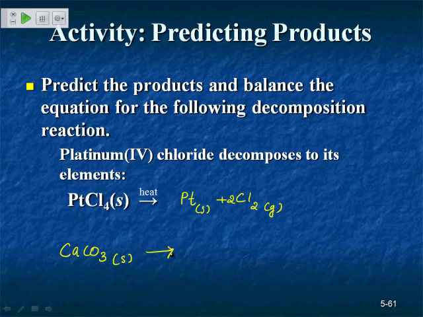When you heated that, you actually decomposed calcium carbonate to calcium oxide solid and carbon dioxide gas. So this is an example of a decomposition reaction where a compound breaks down to smaller compounds. And the platinum chloride one would be an example of a compound breaking down to its elements. Both are decomposition reactions. Both require heat.